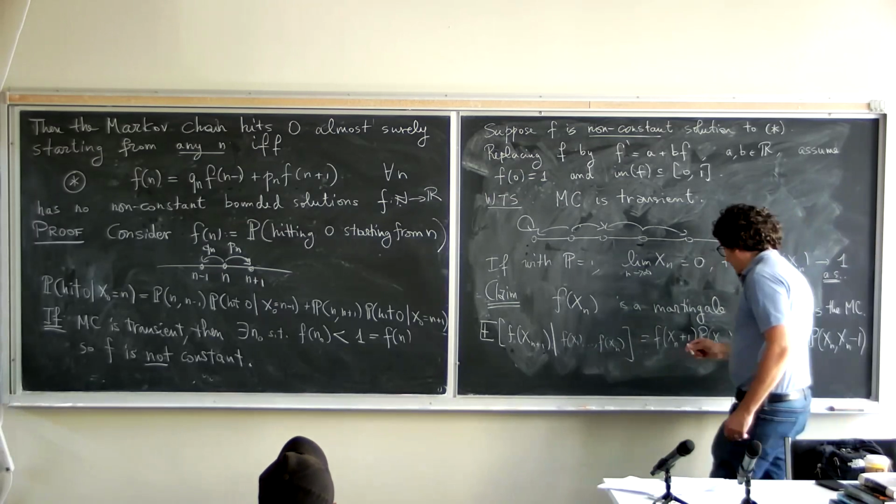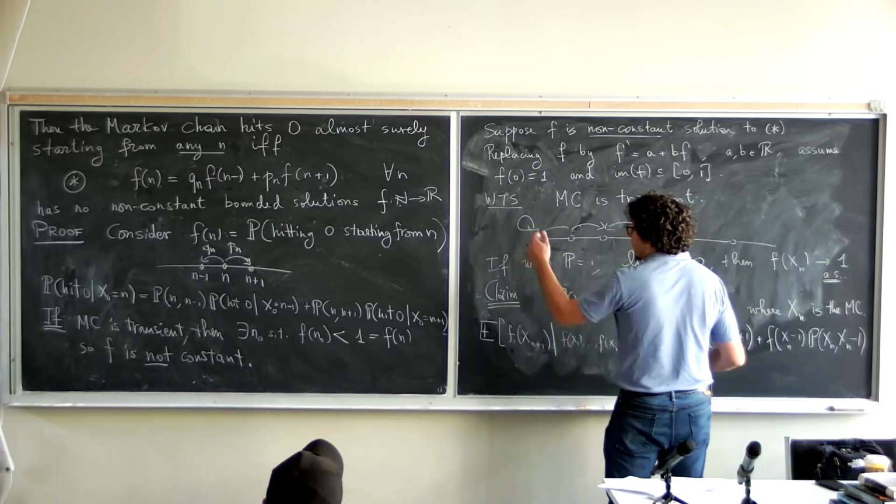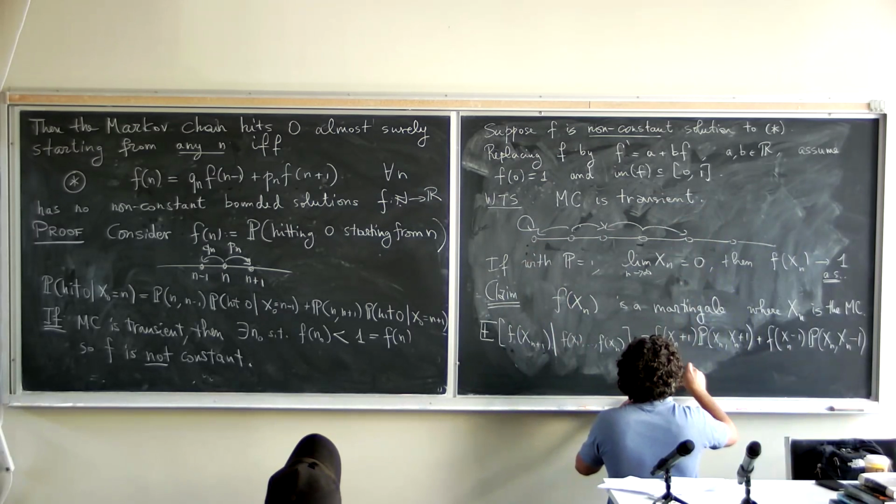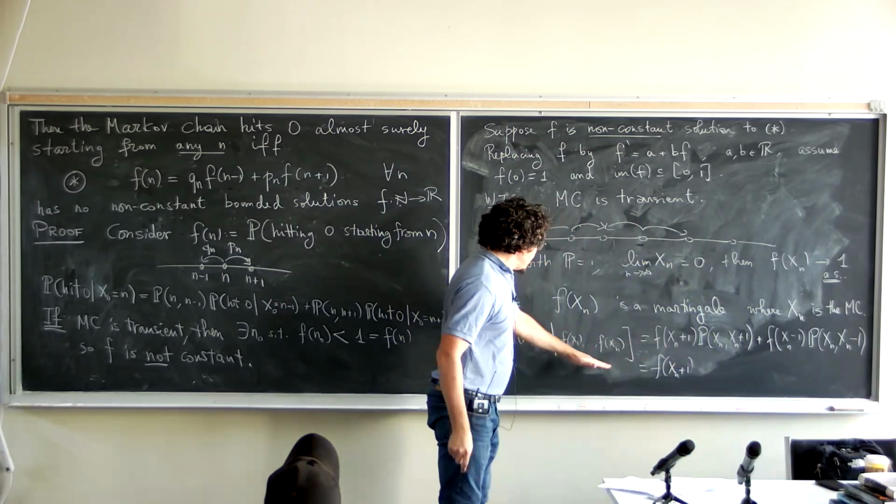And so literally that's what it is, because this is f of x. So formally what you do is you condition on xn.